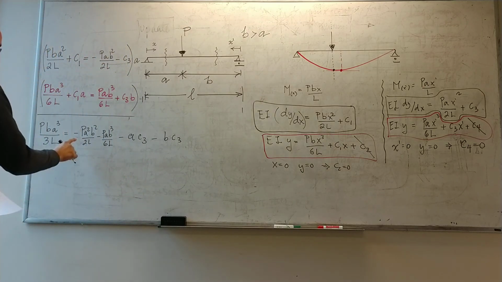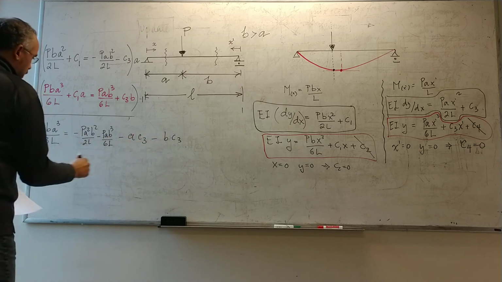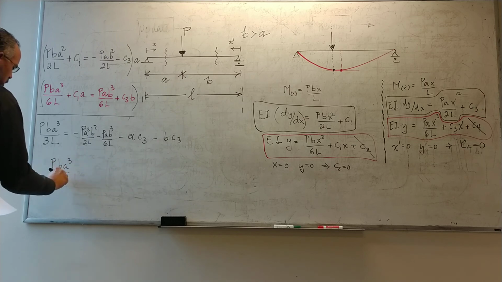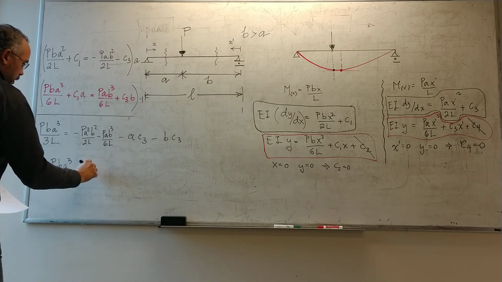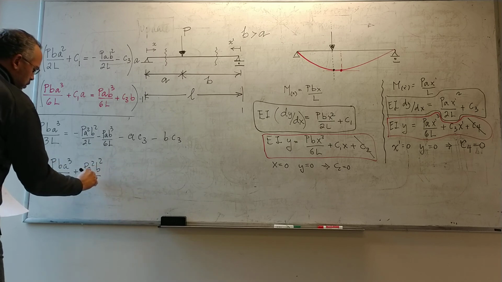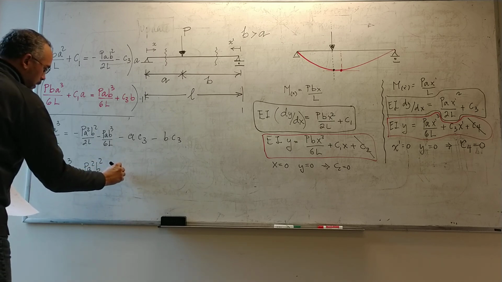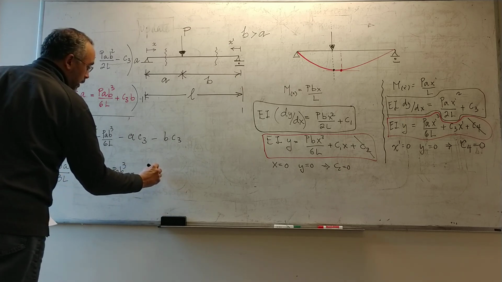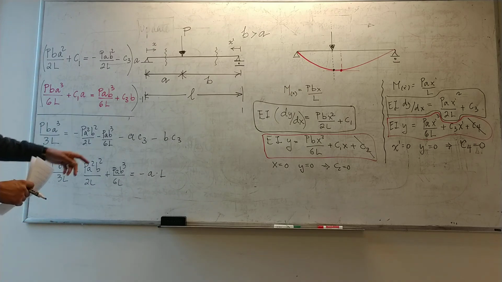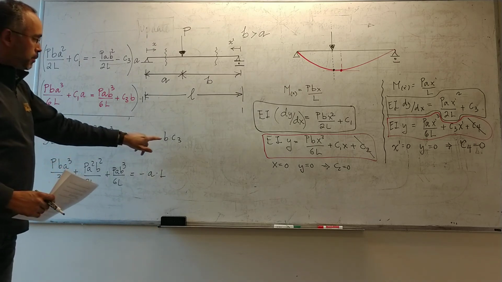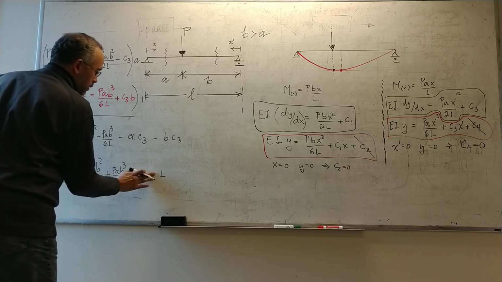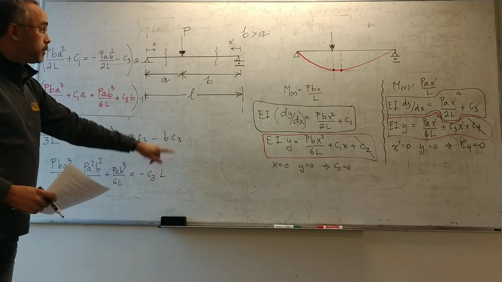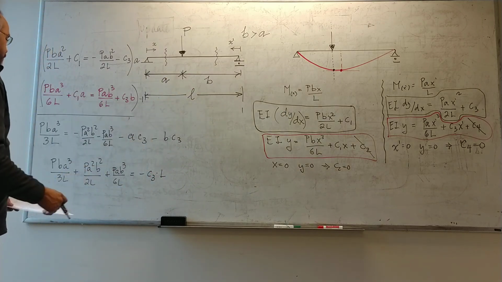So we take these terms, bring them to this side, and solve. So we get P B A cubed over 3L plus P A square B square over 2L plus P A B cubed over 6L equals minus A times C3, because here we have A plus B. Sorry, this is C3 times L, because A plus B is L, right?